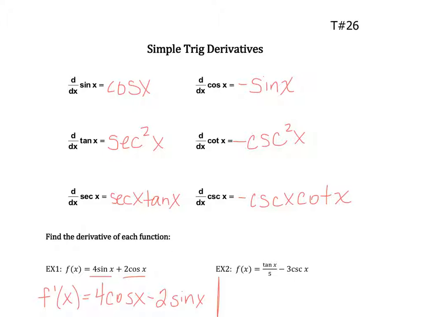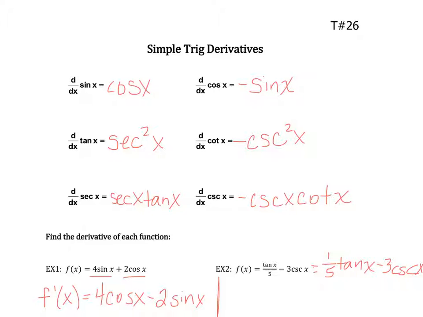Let's look at the second one. Remember that this tangent over 5 really is just like 1/5 tangent. So having that over 5 is really the same thing as that.